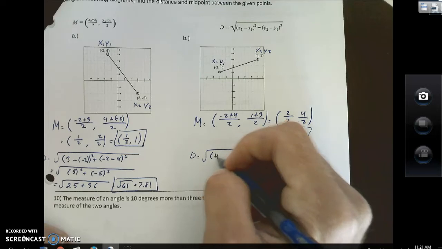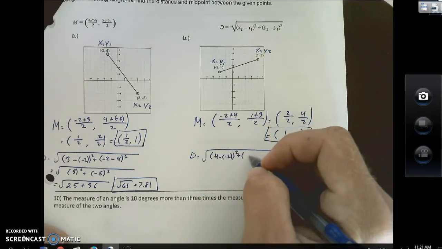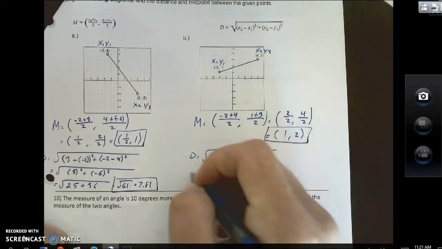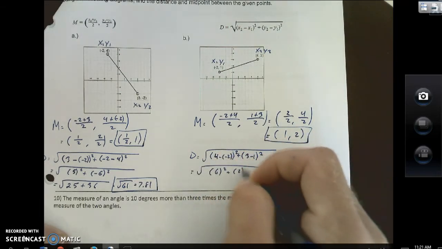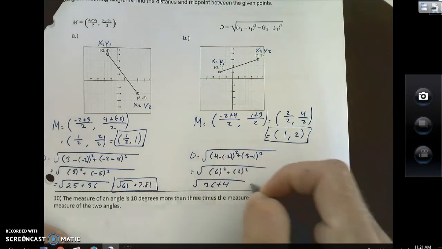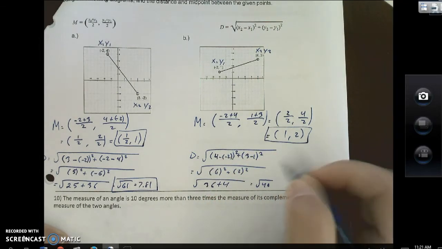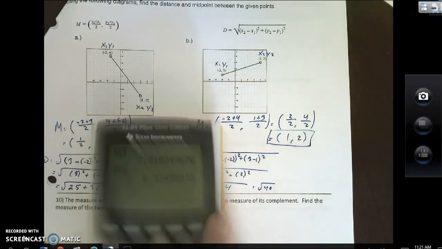So we're looking at 4 minus negative 2 squared plus 3 minus 1 squared. That's 6 squared plus 2 squared. 36 plus 4, which is square root of 40. Square root of 40, just to show you guys, is 6.32.